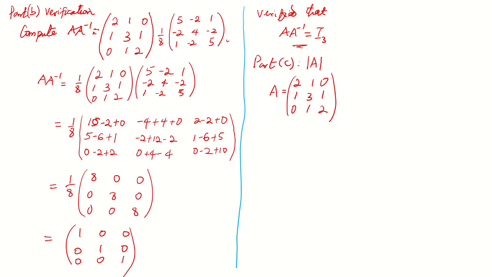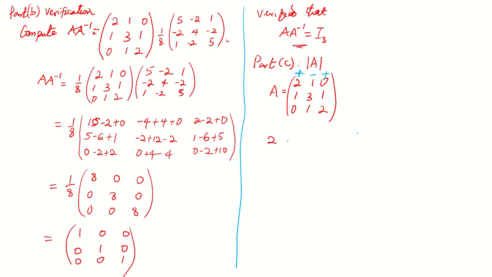All right, let's use the minor method to solve the determinant of A. We add the signs plus, minus, plus. Now I'll pick the first element, plus 2, and obtain the minor. Let's do this with red ink.